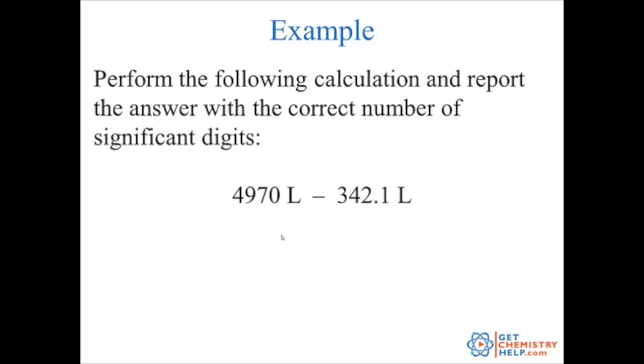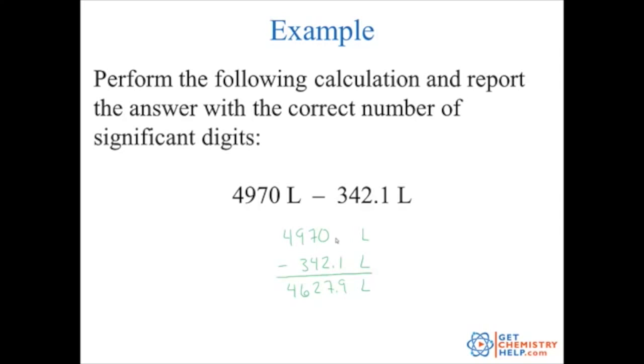So I'm going to take 4,970, and I'm going to line up under that 342.1, and they all have units of liters. So I punch that on my calculator, and I get 4,627.9 liters.